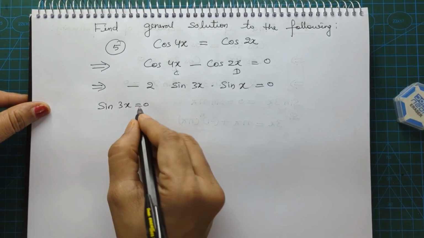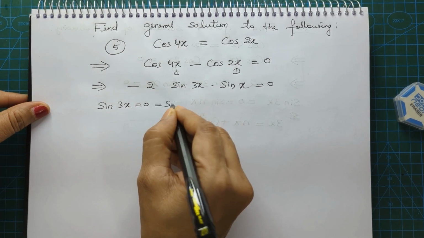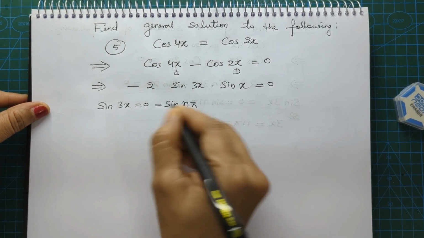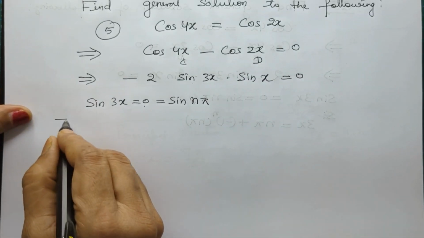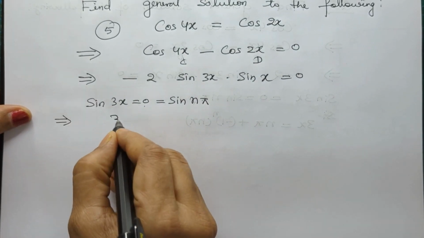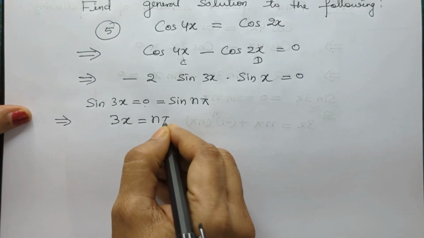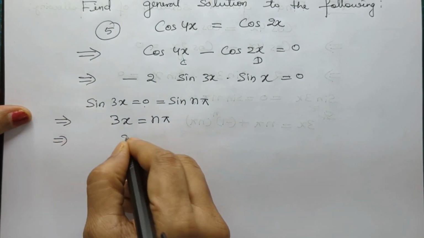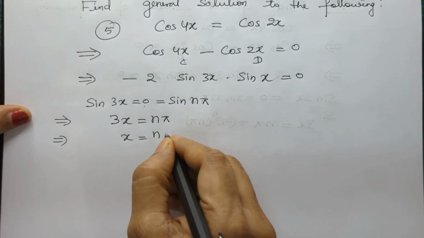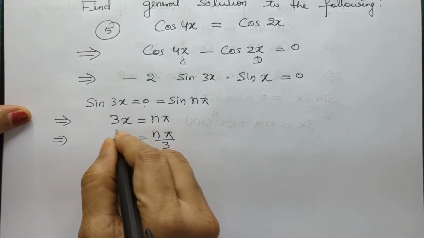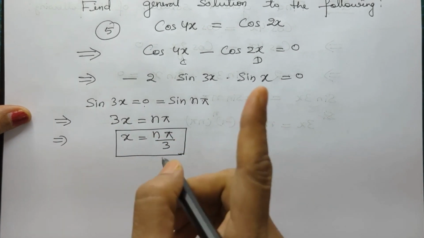So sine 3x is 0, and sine of integral multiples of pi is also 0. So in a very simple way we can write, by comparing both sides, 3x is n pi, x is n pi by 3. So this is the general solution of this equation, but this is one of them.